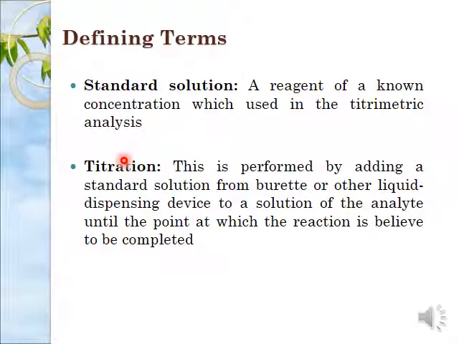Titration is performed by adding the standard solution that you have prepared from a burette, or other liquid dispensing device, but normally we use burette for simple acid-base titration, to a solution of the analyte. Your analyte will be placed inside an Erlenmeyer flask, and then you add an indicator to your analyte so that you will be able to detect the endpoint of the titration.